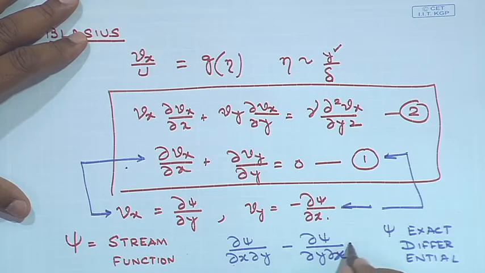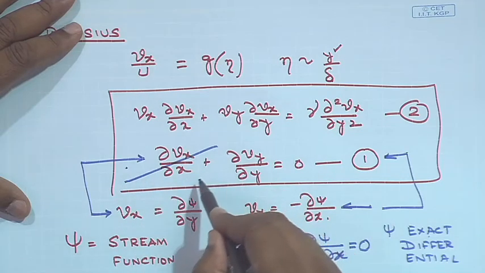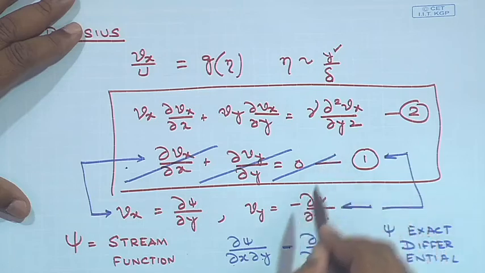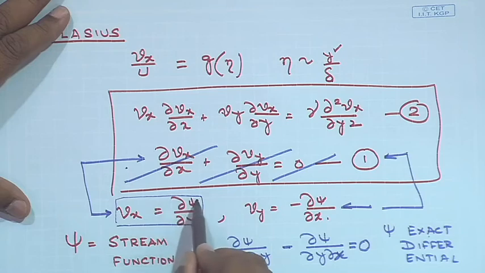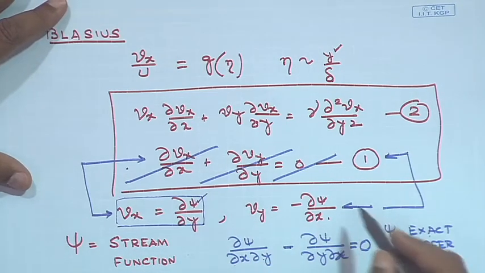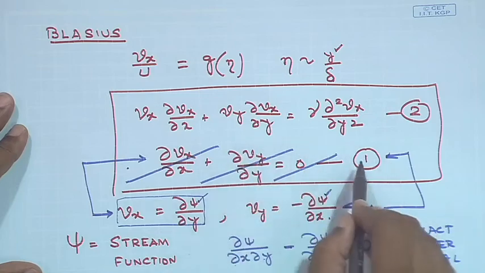So, therefore, the result of this would be equal to 0. Since the order of the differentiation is irrelevant for an exact differential, del psi by del x del y and del psi by del y del x are essentially equal, and since we have a minus in here, the equation of continuity automatically gets satisfied the moment we start to express Vx and Vy in terms of stream functions. So, now we do not have the equation of continuity anymore, it is automatically satisfied.